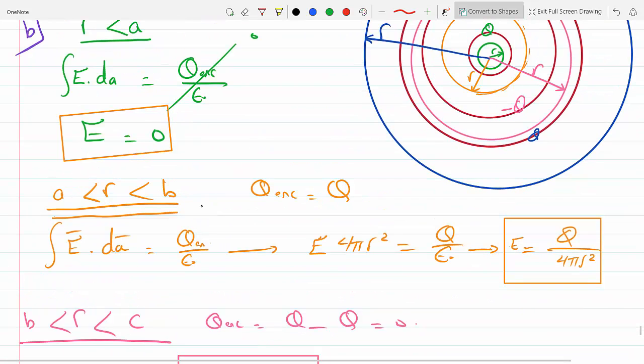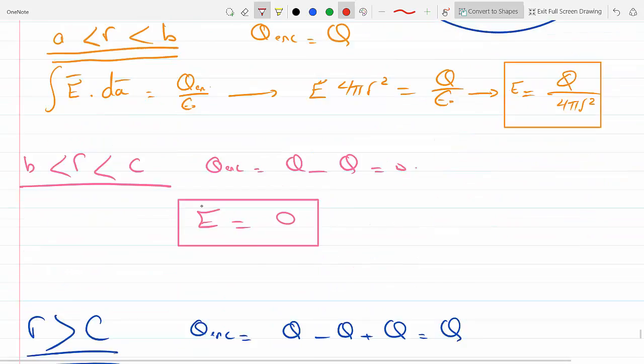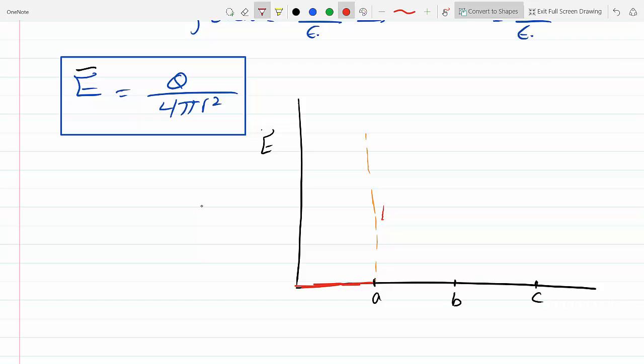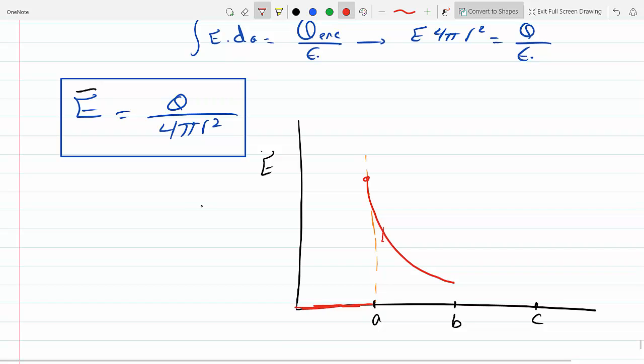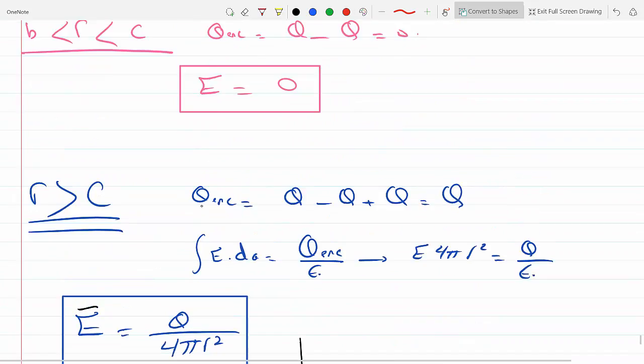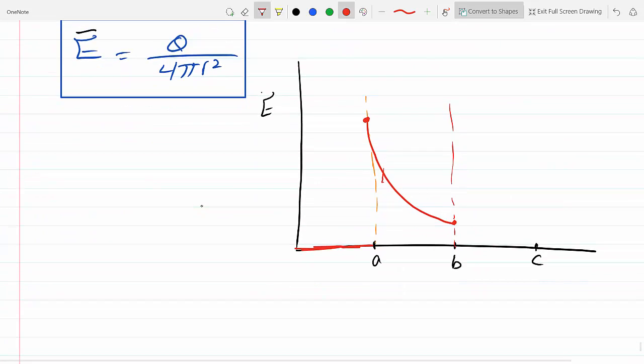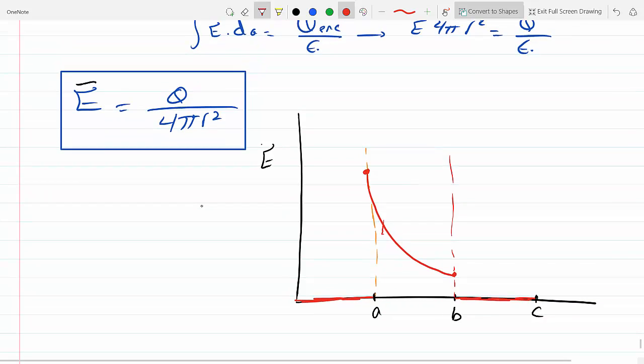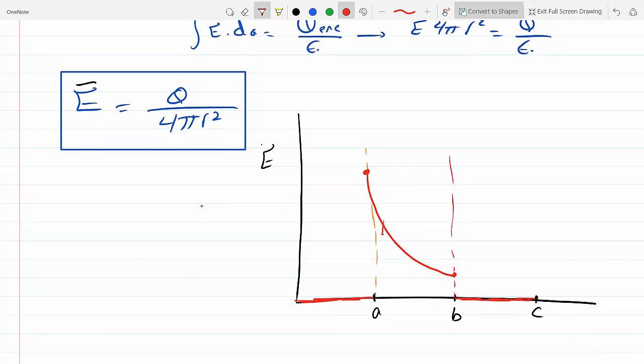Right at A, if R equals A, it becomes Q over 4 pi A squared. So that means it's somewhere here, and it drops down. And at B, it's going to be less, so let's say somewhere here. Between B and C, we said it's 0, so it goes down to 0. And then at C, it's back to 1 over R C squared, but let me lift this up a little bit more here.